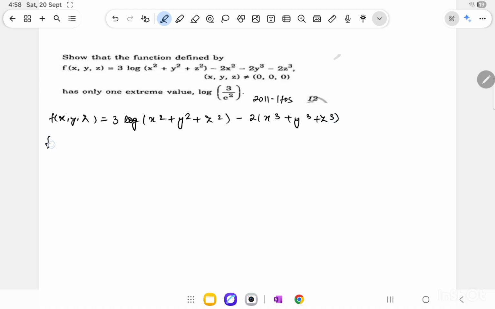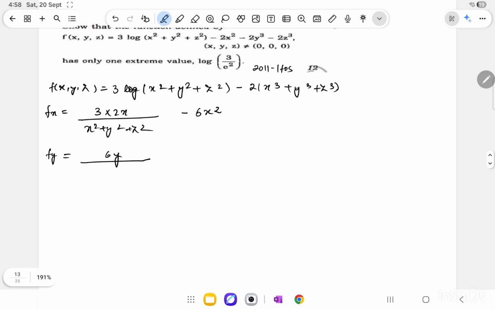So if I take its partial derivative with respect to x, that will be 3 into 2x divided by (x square plus y square plus z square) minus 6x square, and its partial derivative with respect to y will be, you can see that it is symmetrical basically, so you can write it directly.